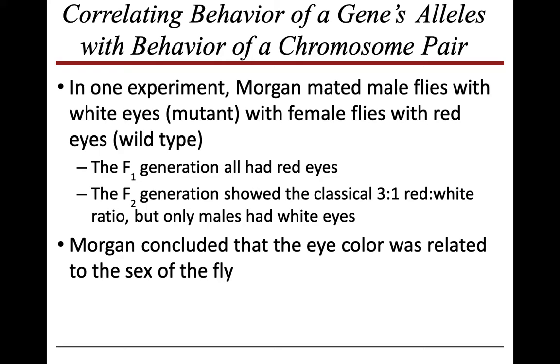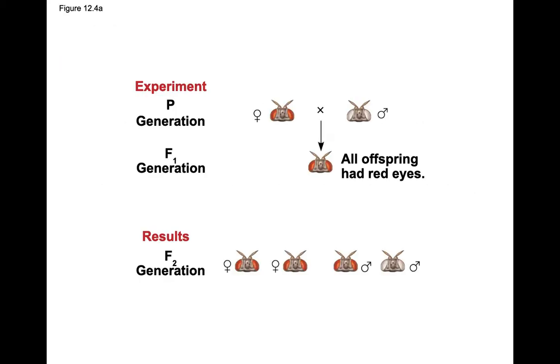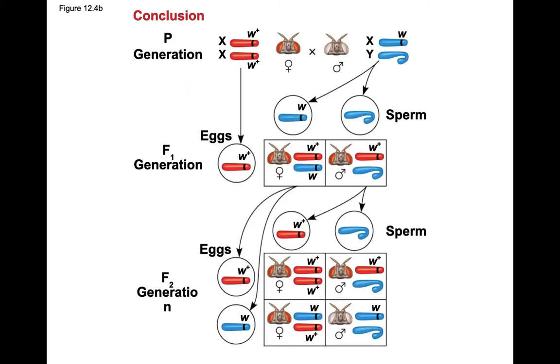From an F1 generation cross of heterozygotes, you would expect 1/4 to be completely dominant, 1/2 heterozygously dominant, and the other 1/4 recessive, but all of the recessive phenotypes were male. He concluded that eye color must be related to the sex of the fly. And here's a good example of what that experiment found.